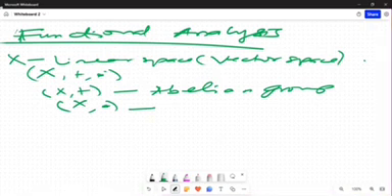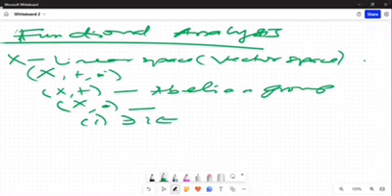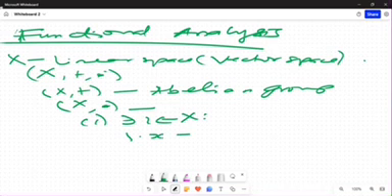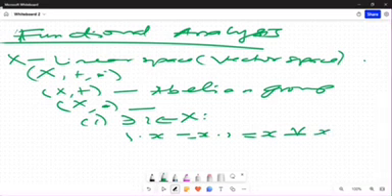Number one, there exists a 1 in X such that 1 dot X is equal to X dot 1, which does not change the value of X, for all vectors X in X.